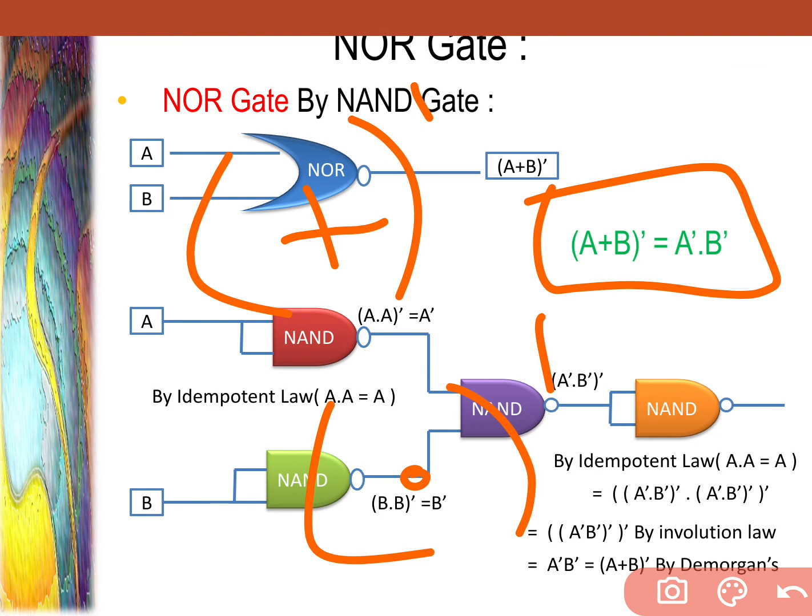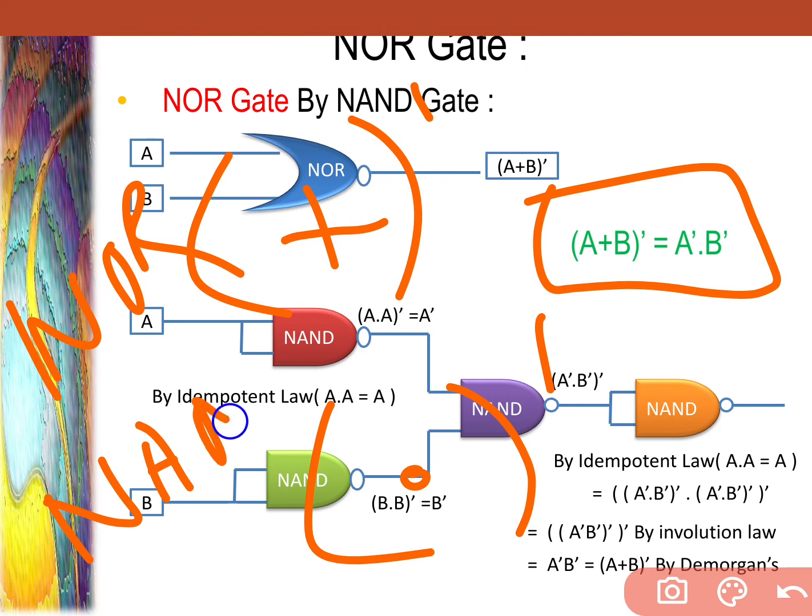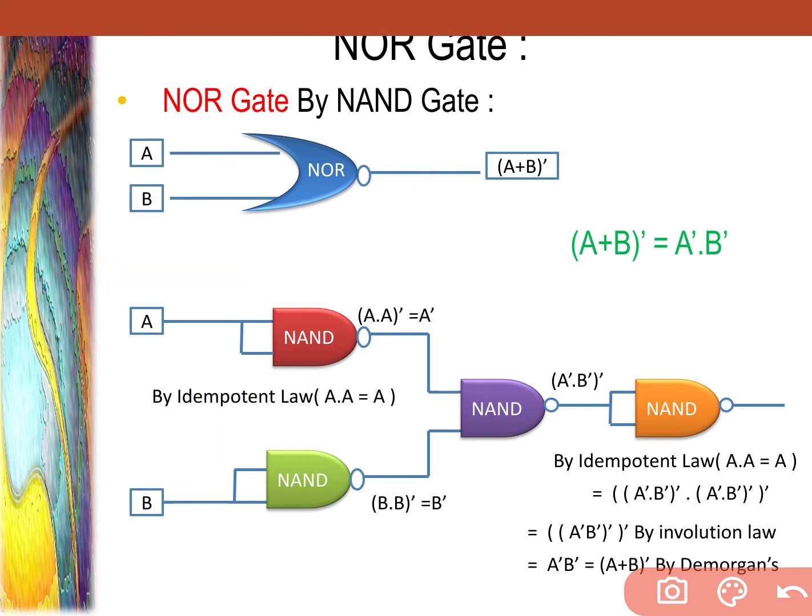Means we have to produce NOR by NAND. What we have to do now? The same thing, we have to apply De Morgan's law, because De Morgan's always provides us a dot and plus combination. Then, if we are able to create A dash dot B dash, then everything is possible.